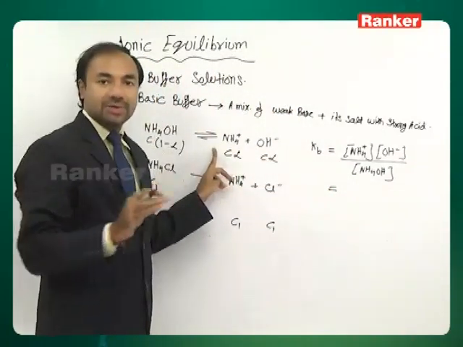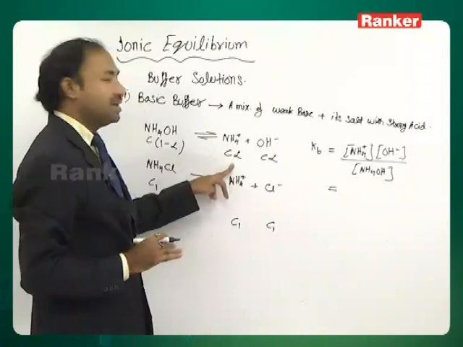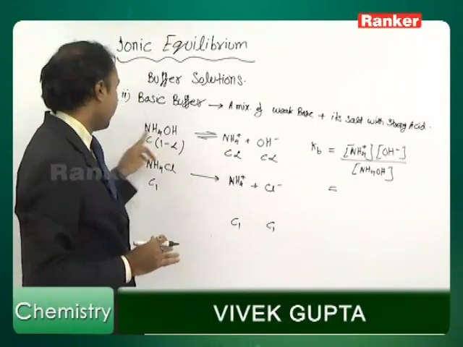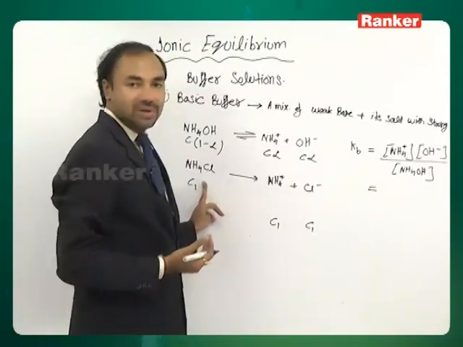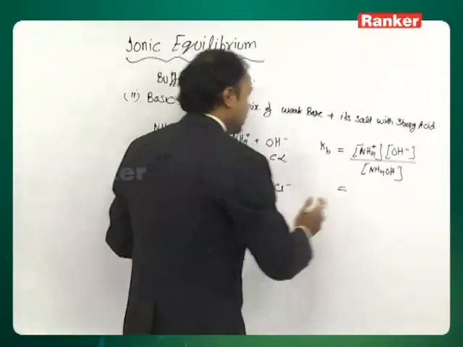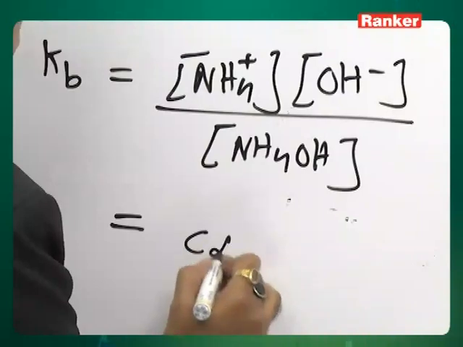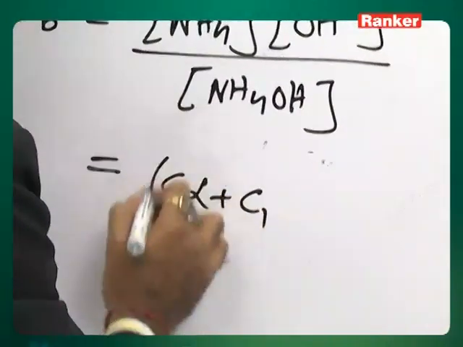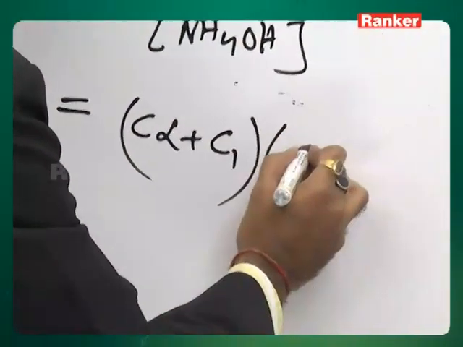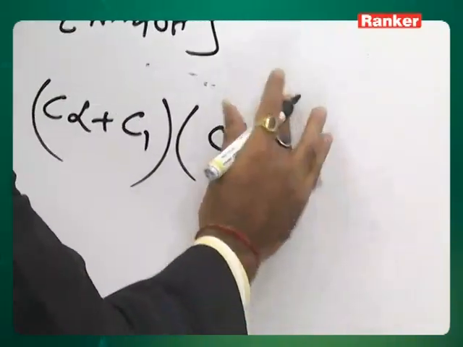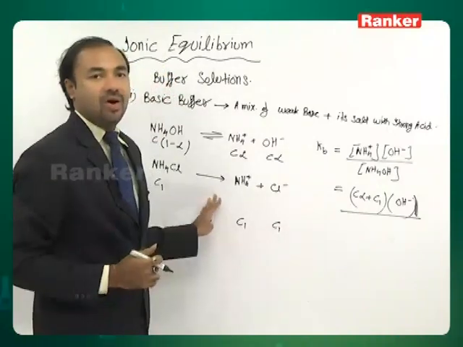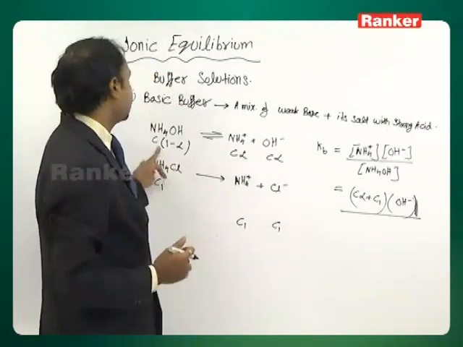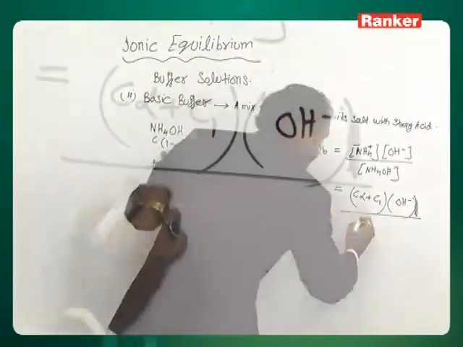Again, we have to take the total concentration, which will be C alpha coming from dissociation of NH4OH plus C1 coming from dissociation of NH4Cl. So this becomes C alpha plus C1 into concentration of hydroxyl ions, upon concentration of ammonium hydroxide, which will be C into 1 minus alpha.